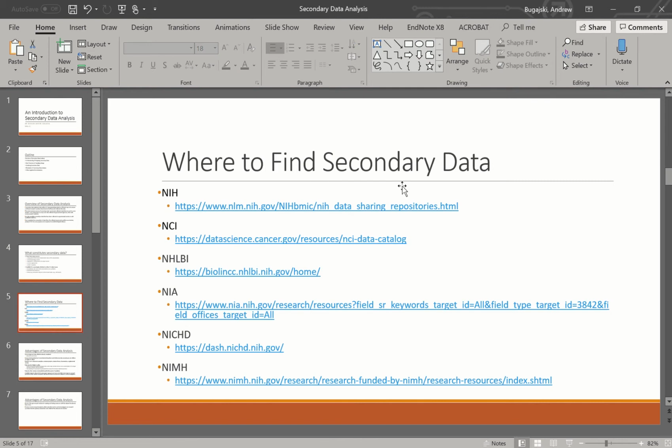Alright, so here's good examples of secondary data. I went around to each of the agencies that I thought each of you all might be interested in or looking at for your dissertation, or your future topics of interest. So I tried to find links to the direct data website as close as possible to where you can go and find data.